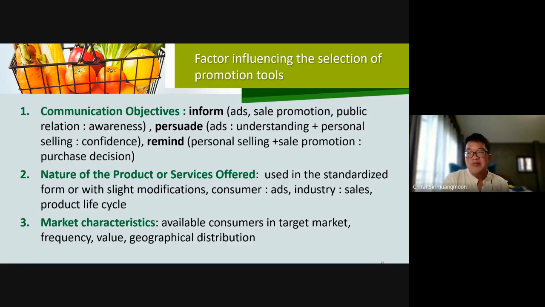And don't forget to think about the product life cycle too, because at different stages the product has different characteristics and the promotion tools you need to apply are different too.